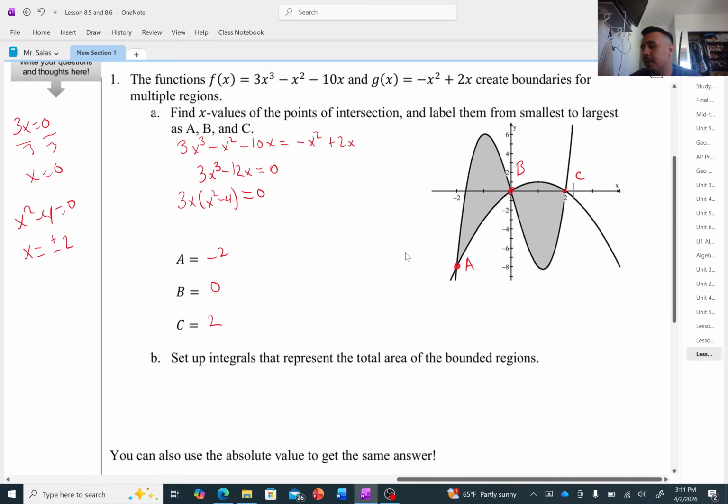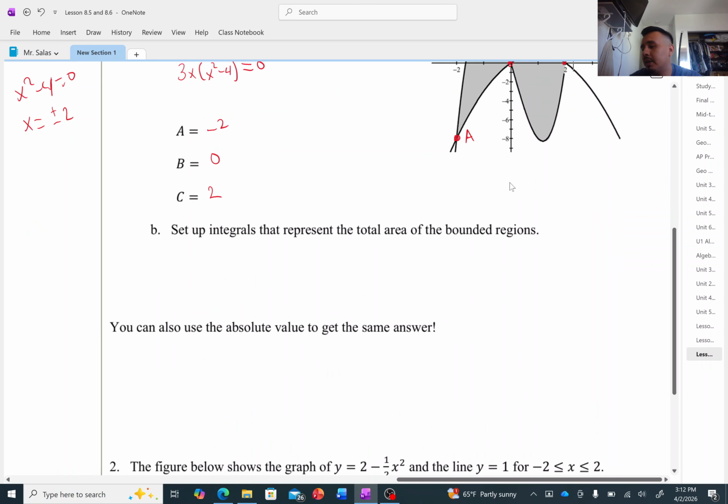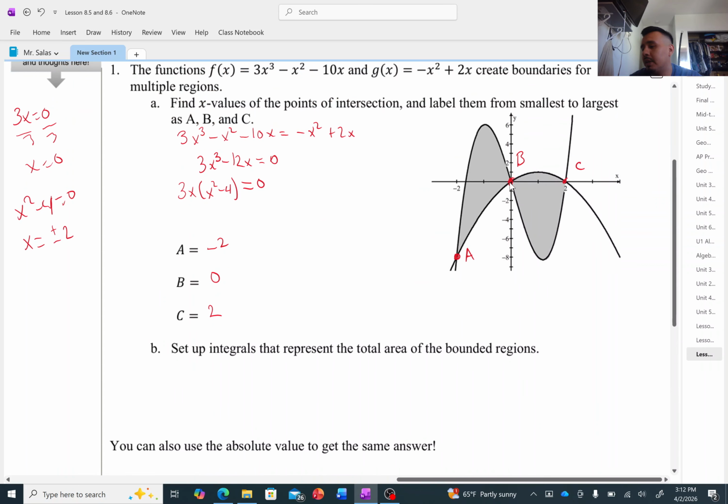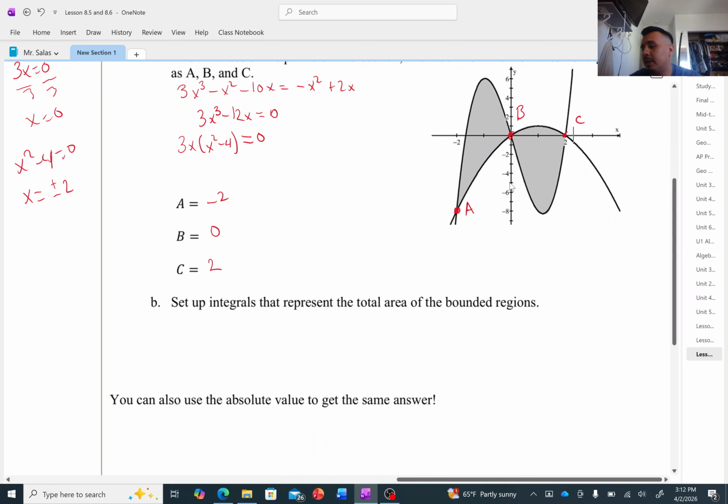Okay. Now that I have that information, I'm going to go ahead and set up my integral. Let's start again. This is with respect to x. So with respect to x, I take into consideration my upper graph minus the lower graph, right? So I'm setting up my integral. Let me scoot this up. You know what? I need to see my graph. Right there. That's fine. This is from negative 2 to 0.